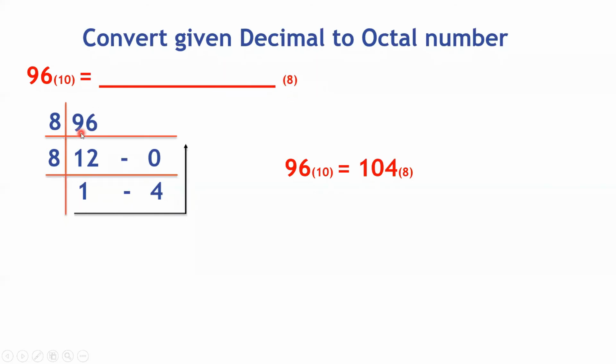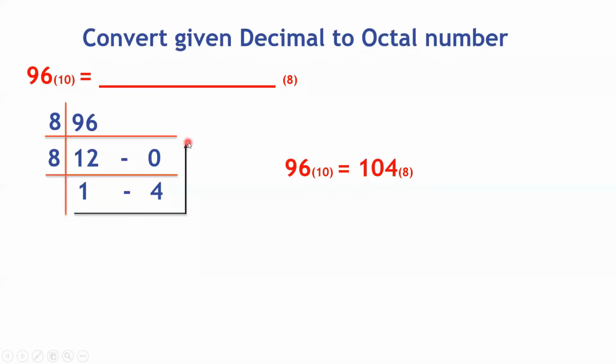So already we have seen 96 divided by 8. 8 12s are 96. As it is completely divisible, the remainder is 0. Again, we divide 12 by 8 because 12 is bigger. 8 1s are 8, so the remainder is 4.